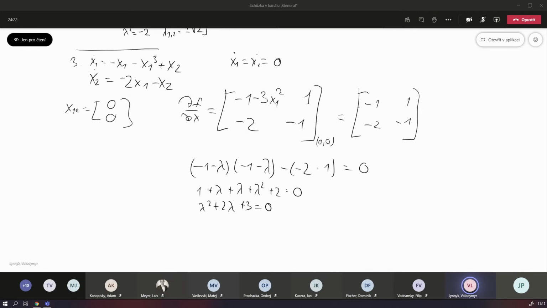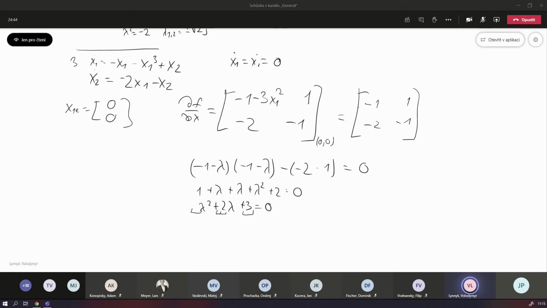Yes. Well, not only stable, but you can say that because here all coefficients are positive, this system is exponentially stable. Yeah.